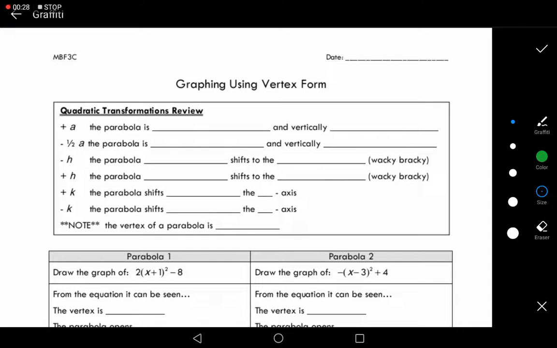So before we get to that, we're just going to do a quadratic transformation review. If we have a positive a value, the parabola is opening up and is vertically stretched.